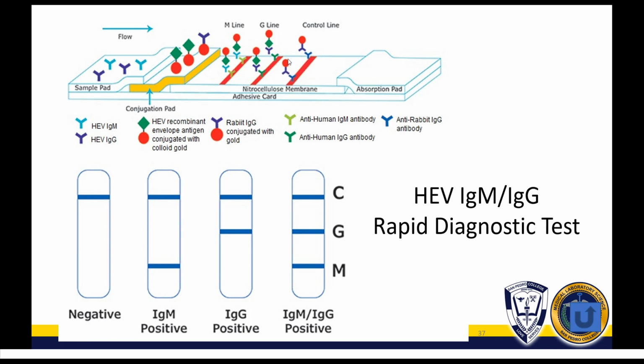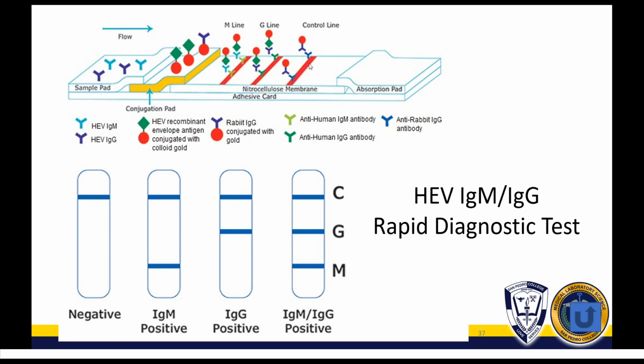Once it is captured there, a purple color line will appear. Okay? So, even if the patient doesn't have the antibody, a line will still form in this C region.